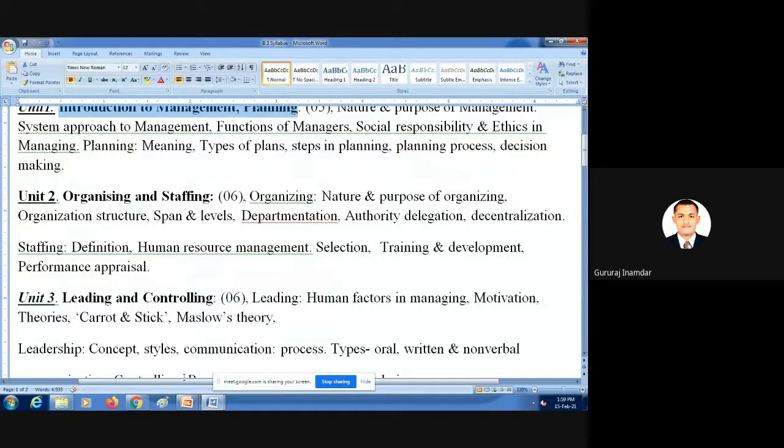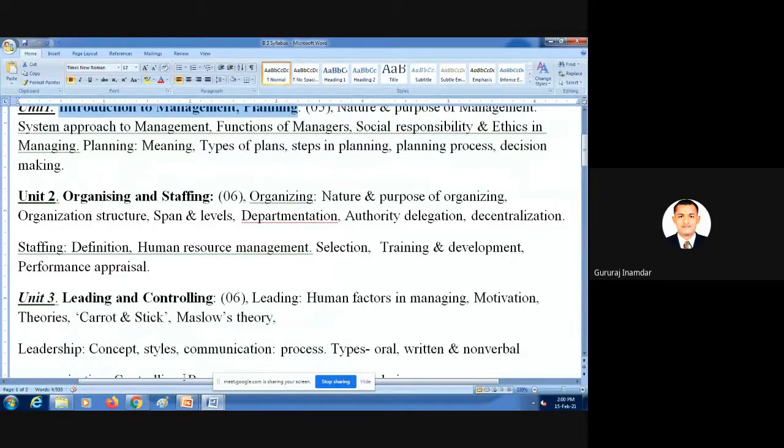What is staffing? Staffing is nothing but recruitment, the HR department, human resource management. Now, recruiting the employee is also part of management.